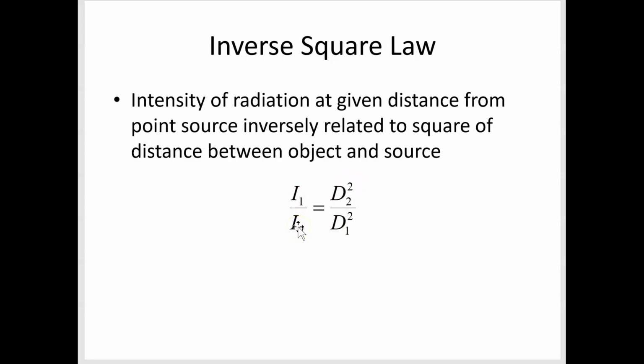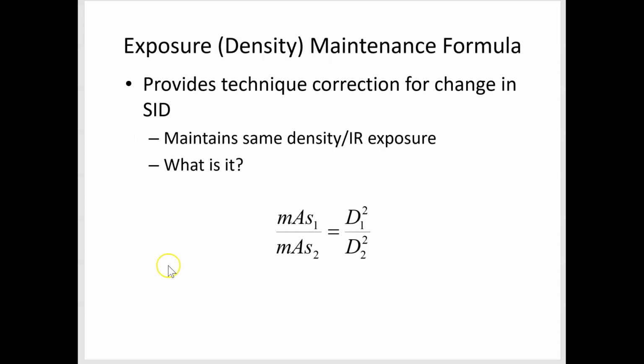This is what you use when you're trying to figure out what the dose is going to be if you change your distance. But what we've derived from that inverse square law is the density maintenance formula, or direct square law. This is accurate enough to allow us to change our mAs if we have to change the distance.